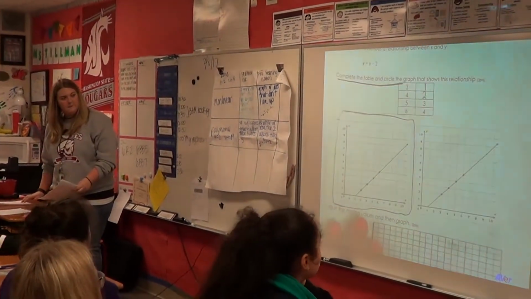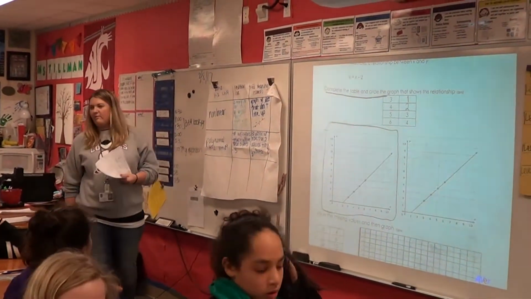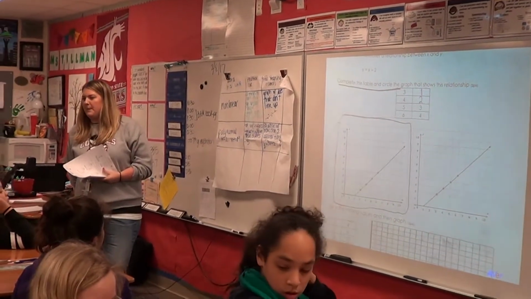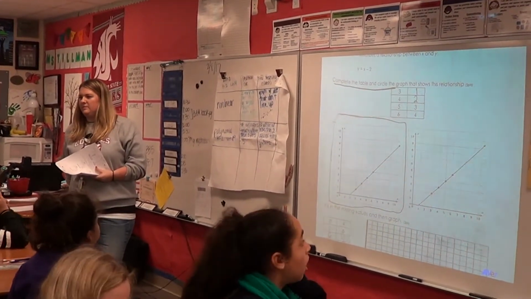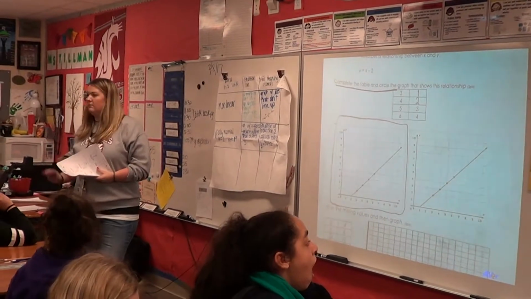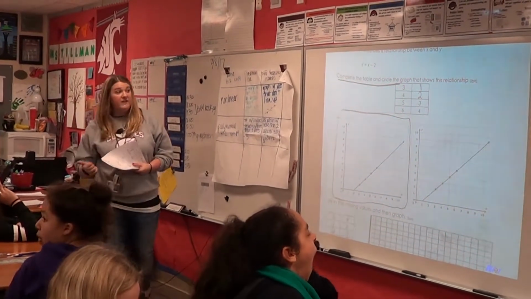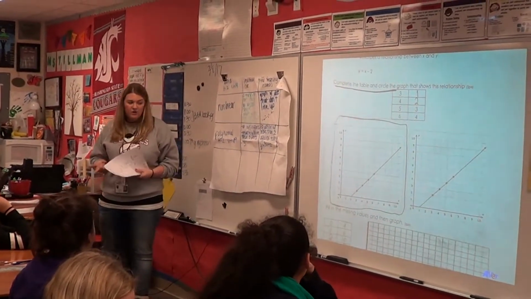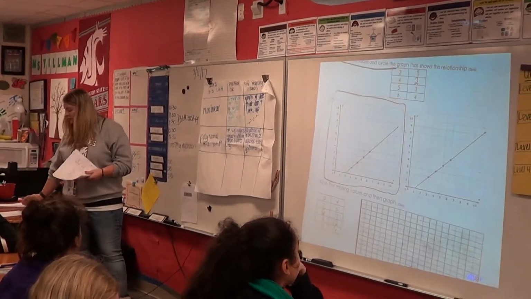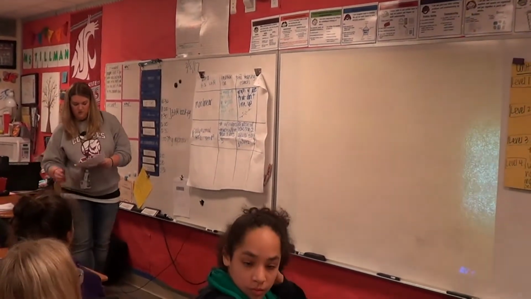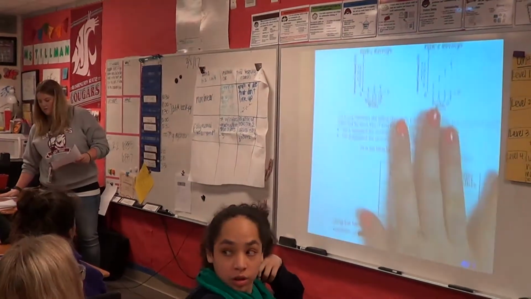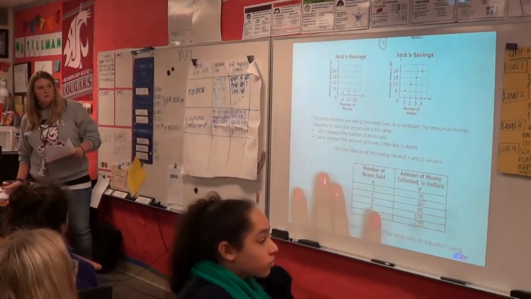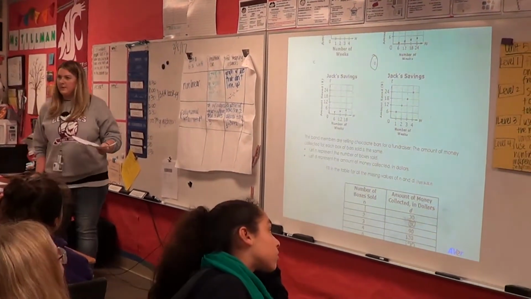How about this one? Level 1. Cameron, why was this one a level 1? Because all you had to do was find missing values in a table or graph. Okay, find missing values, select the graph that goes with the equation, and then having to graph.